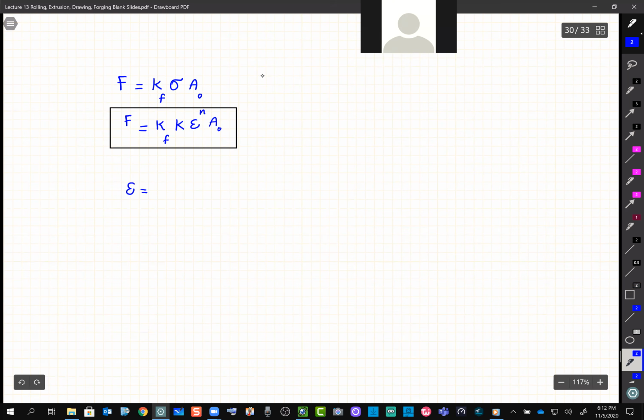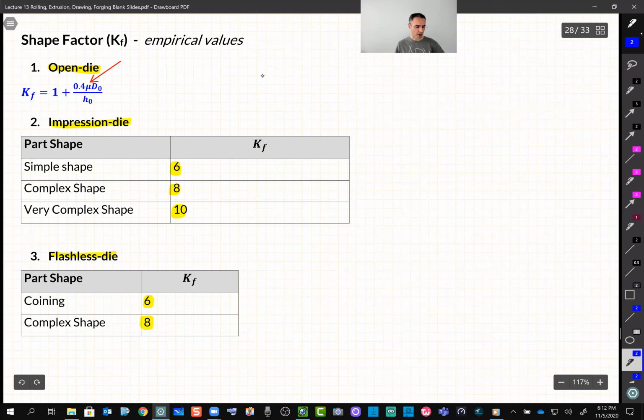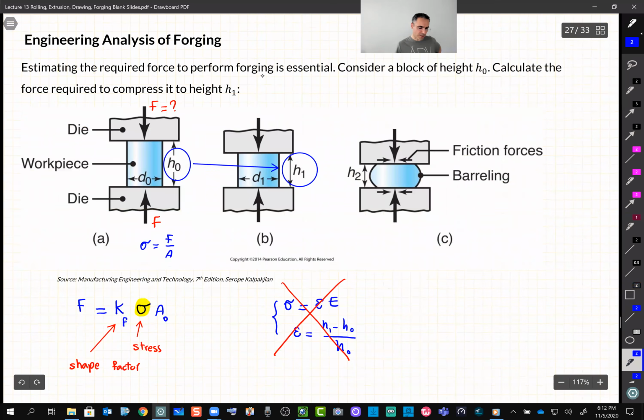So delta over L naught. Delta, okay, let me move back to this guy here. Remember, we are calculating the force to get from H0 to H1, and we said this is wrong, right? And this is A0. And guys, don't forget, this is a force that we want to get from here to there.